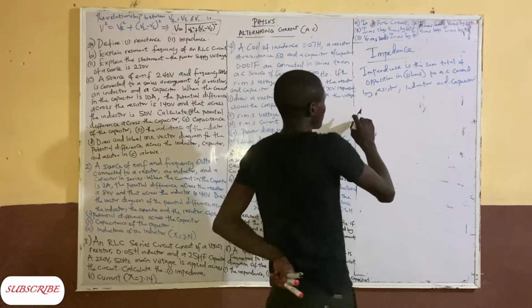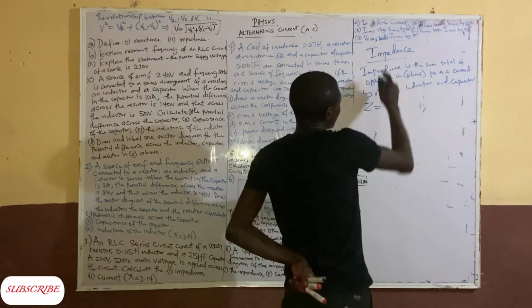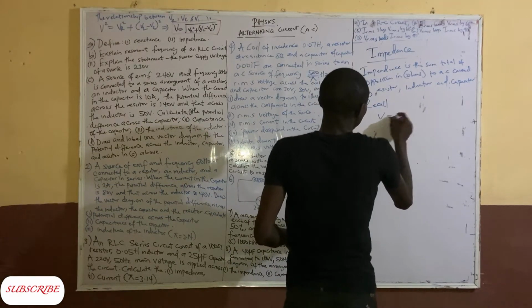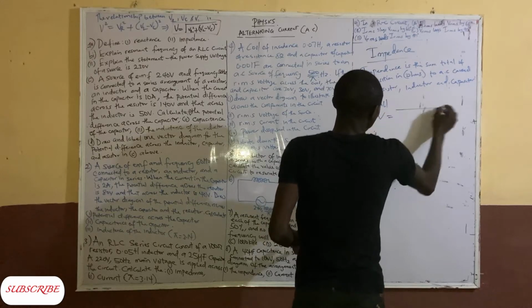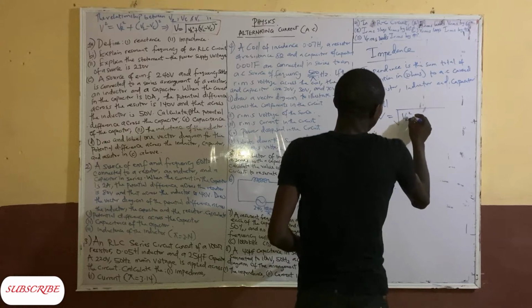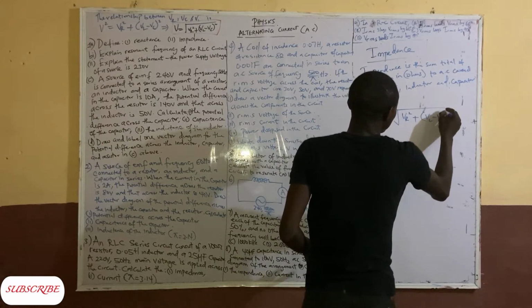So mathematically we use Z to denote impedance, and recall that V equals the square root of VR squared plus VL minus VC, all squared.